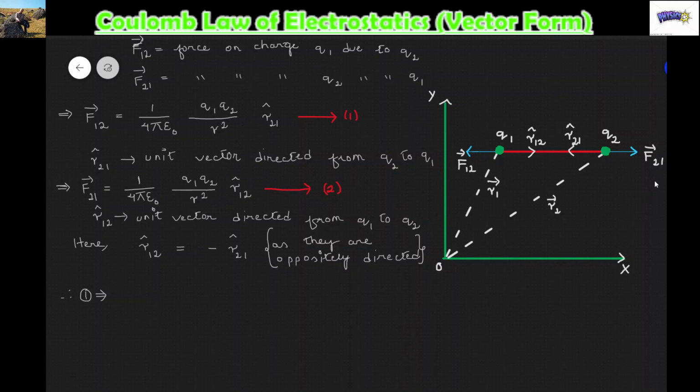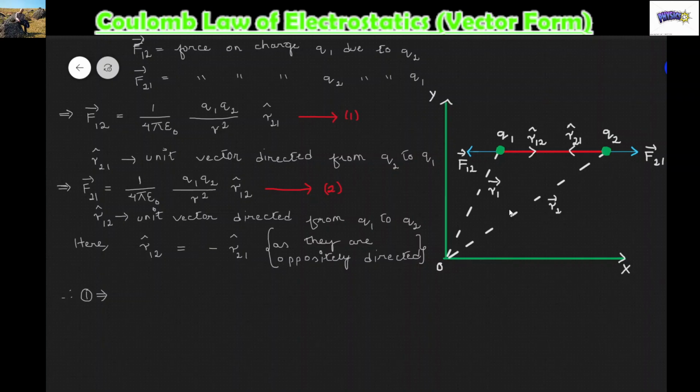When you look at this diagram, it is evident that Q1 and Q2 are 2 point charges in space, and we define R1 and R2 as the position vectors, PVs.